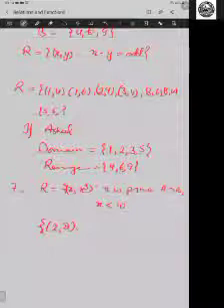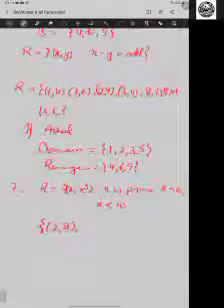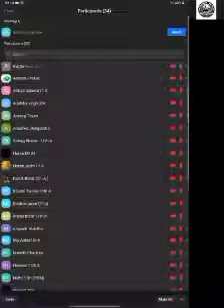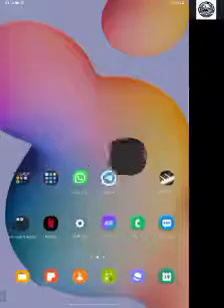1 is neither prime nor composite. Hope you know this thing. 1 is neither prime nor composite. So that thing also you must be knowing. This thing you should not forget.